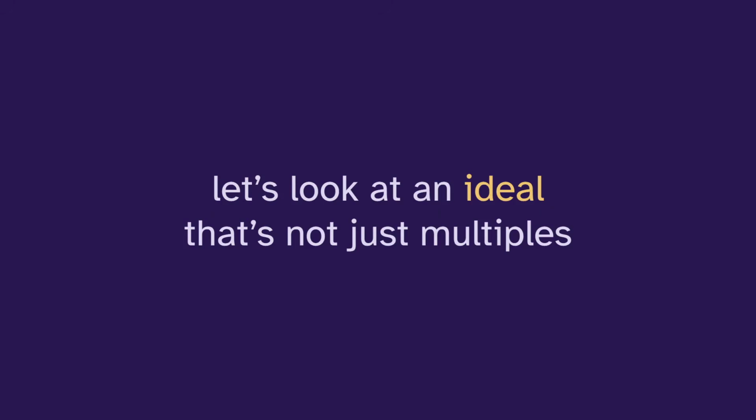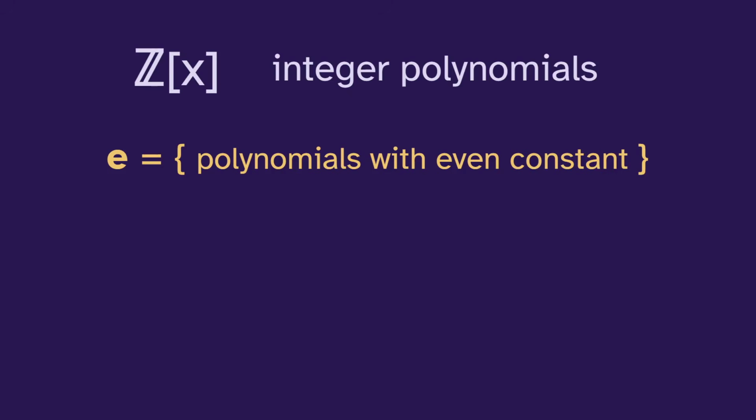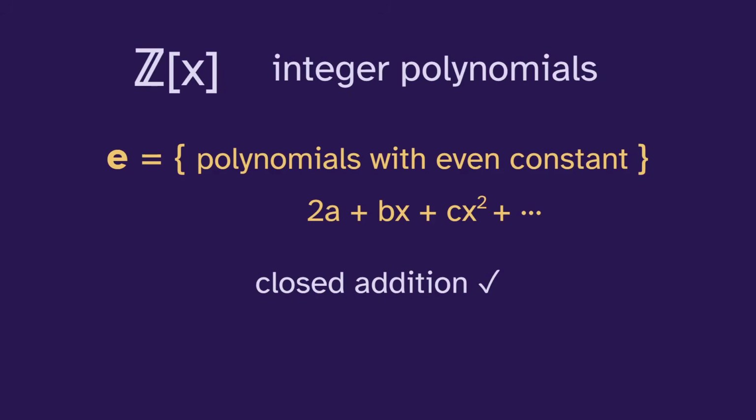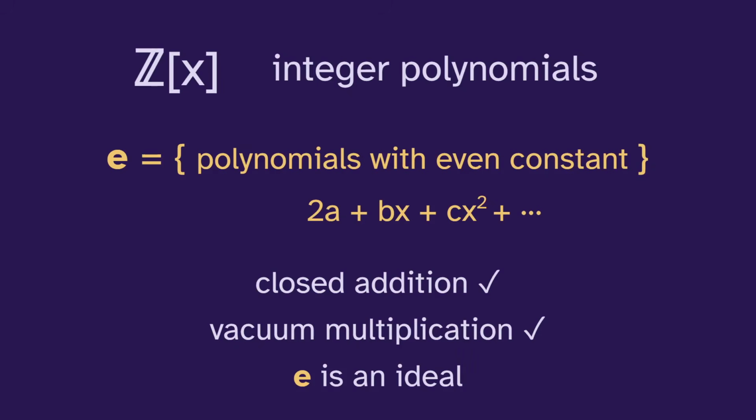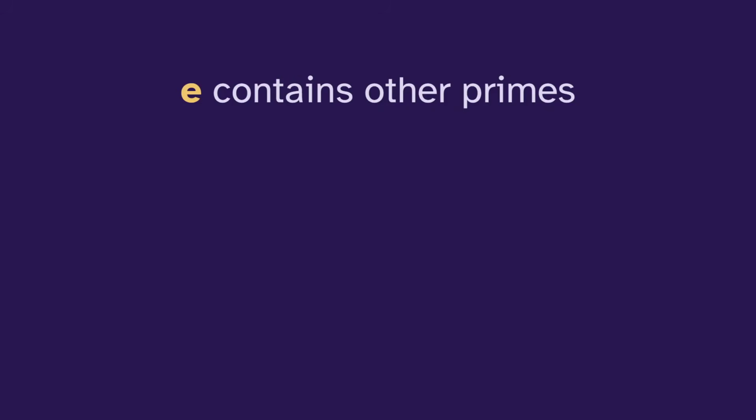So now let's look at an ideal that's not just multiples. We'll take our domain to be the integer polynomials, and the ideal E is the set of polynomials with an even constant. This has closed addition and vacuum multiplication, so it's an ideal. And E is prime, since factoring an element from E always gives another element from E. And weirdly, it contains other primes.